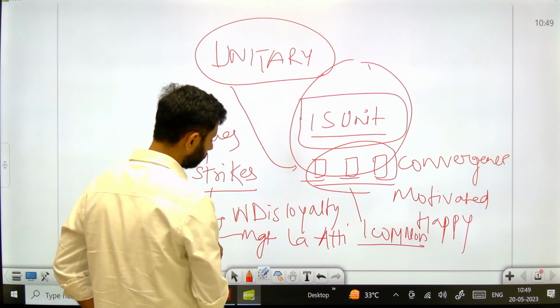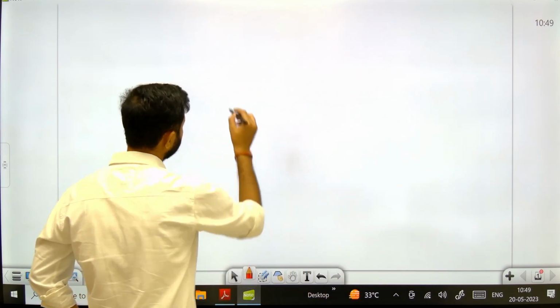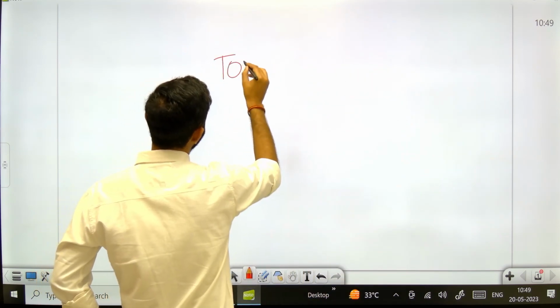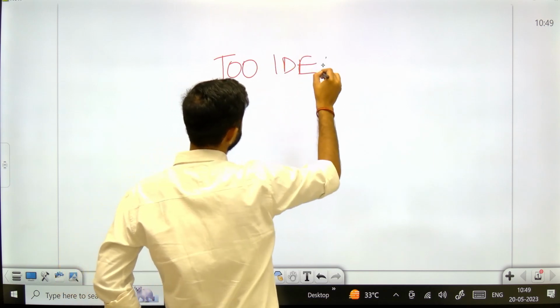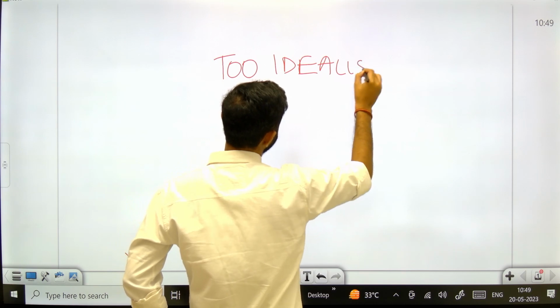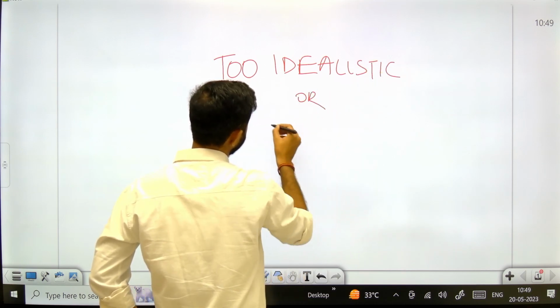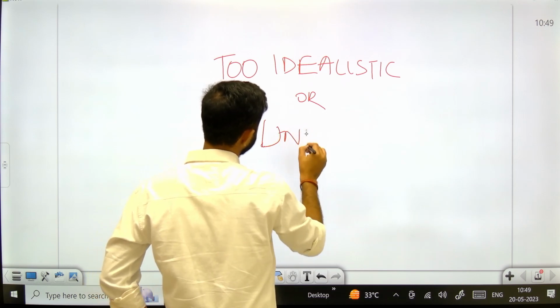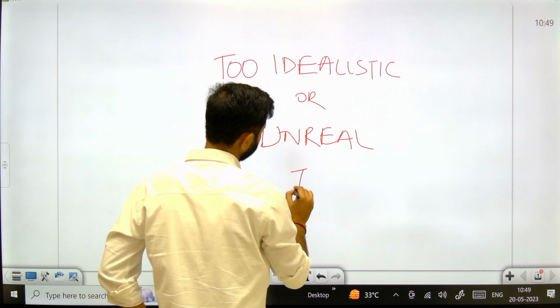And that's why the major criticism of this theory is that it is too idealistic, unreal, impractical.